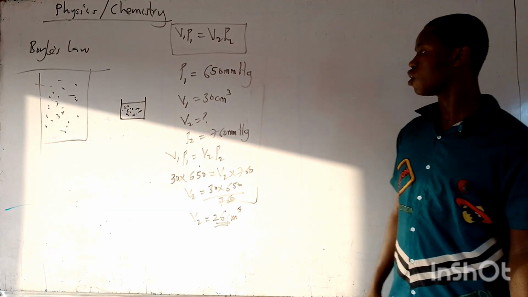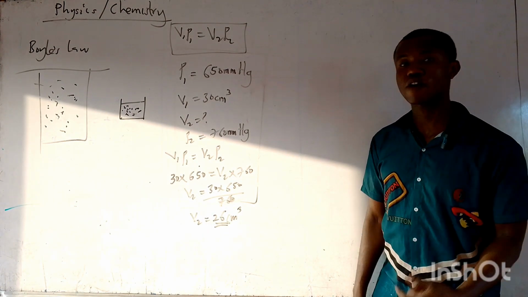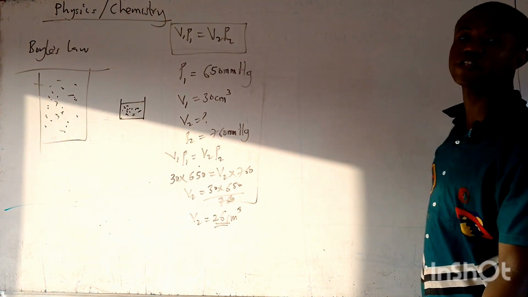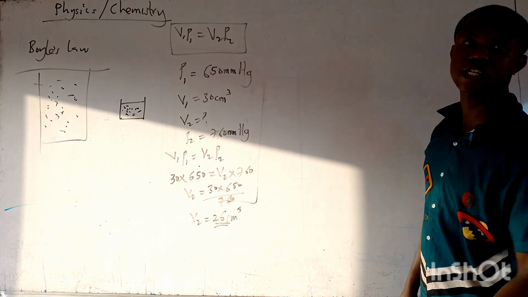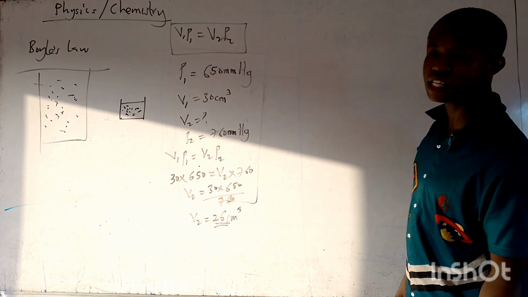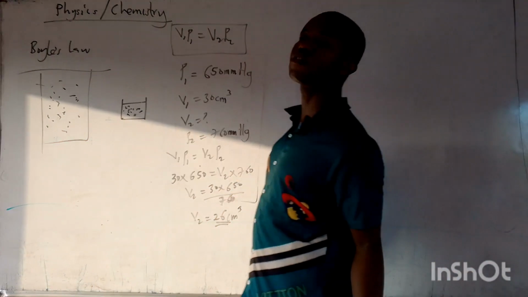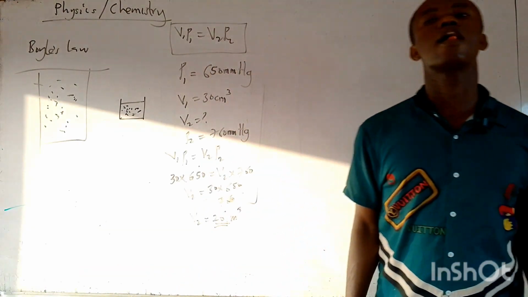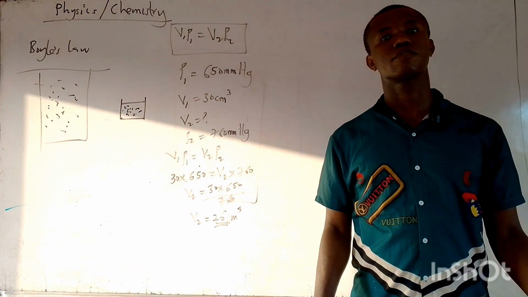The pressure was increased to 760 millimeter mercury at the same temperature, or still at 30 degrees Celsius. What is the final volume? Most times they'll tell you. Any question?